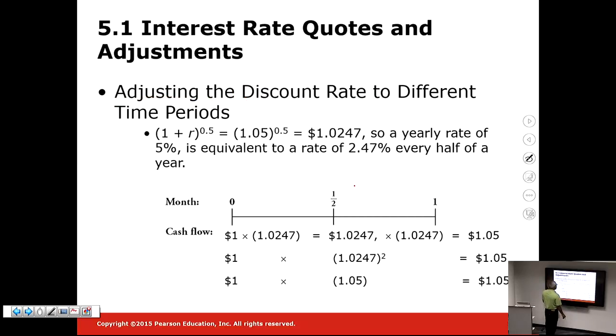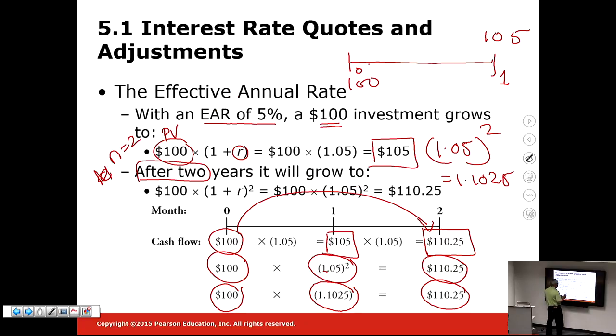So over here, if I have an effective yearly rate of 5%, so my EAR is still 5%, what would the equivalent interest rate be over each half-year period? If I'm assuming instead of going from 0 to 1, I go from 0 to a half.